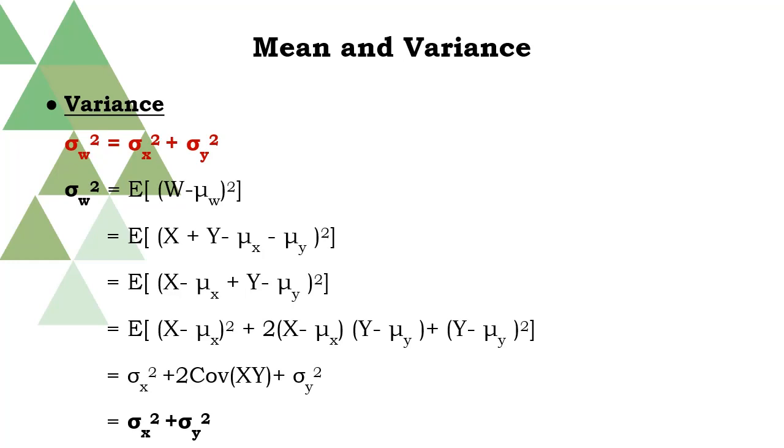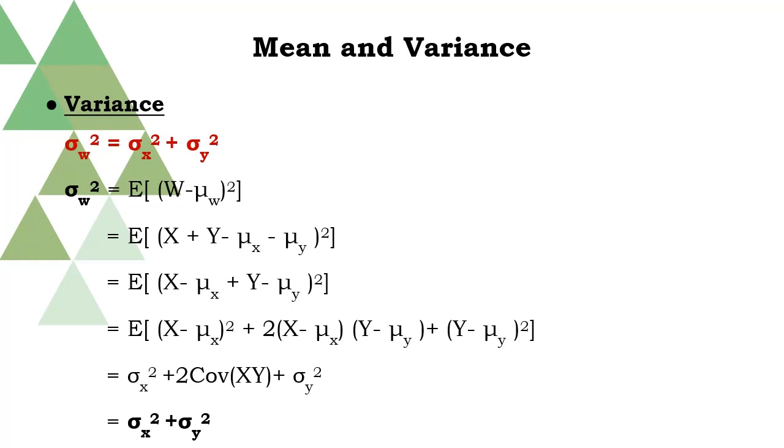Now apply the expectation operator to each and every term. The first term is the expected value of X minus mu X whole square, which is nothing but sigma X square, the variance of random variable X. The second term is 2 times X minus mu X multiplied by Y minus mu Y. This is nothing but the covariance of X and Y, that is 2 times the covariance of XY.